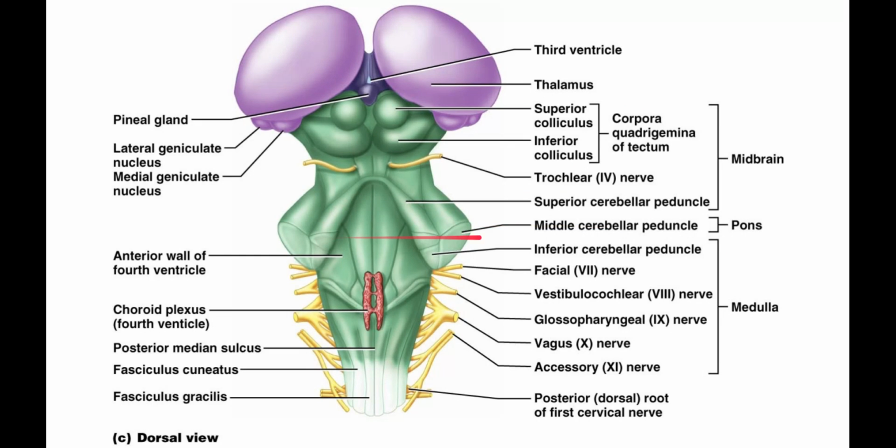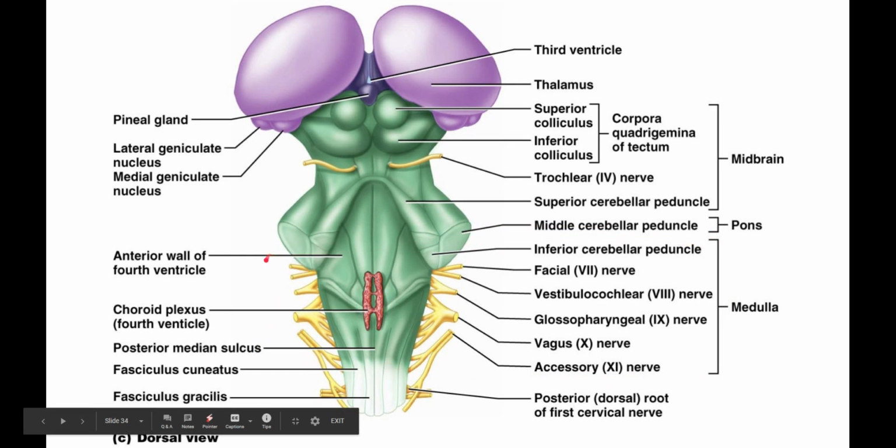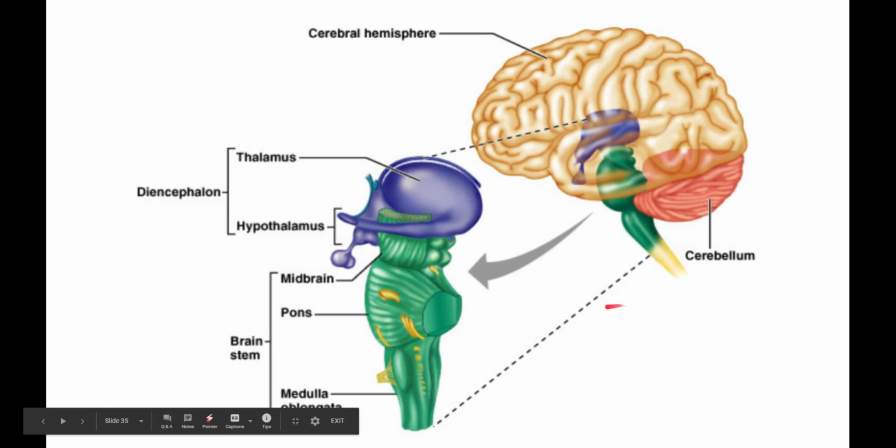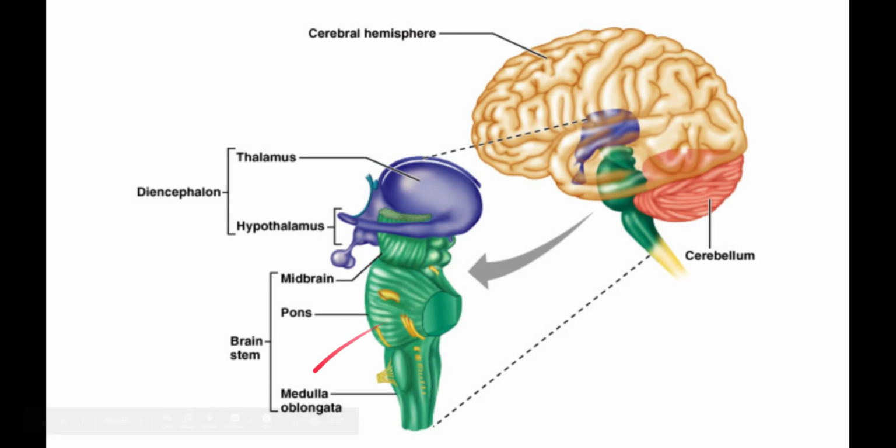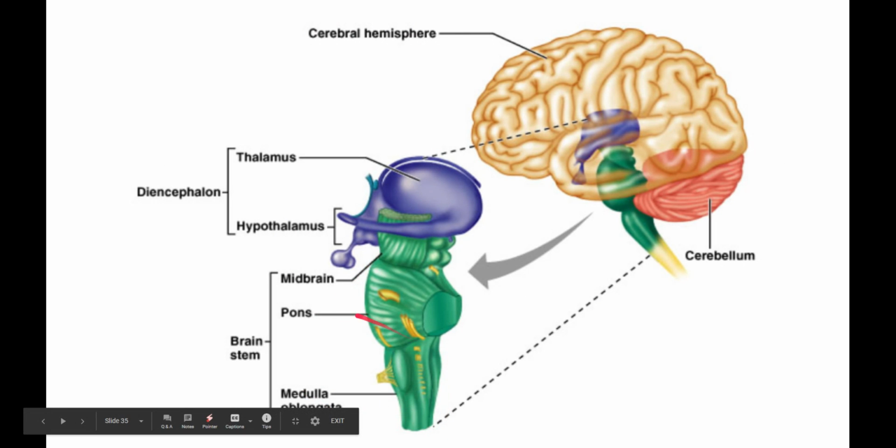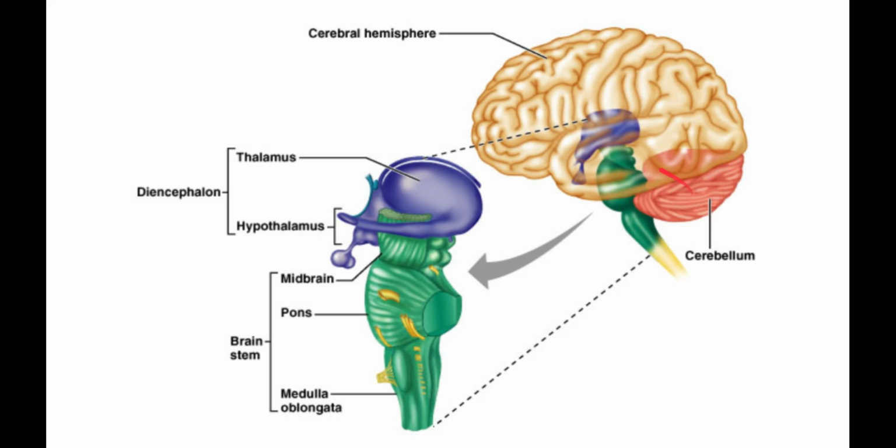This is the pons, this area right here. And then the medulla oblongata right here. Okay, and let's talk a little bit about these. Got one more. So midbrain, pons, medulla oblongata. Okay. And you can see how this actually fits into the brain. You have the cerebrum, the brainstem, and the cerebellum.